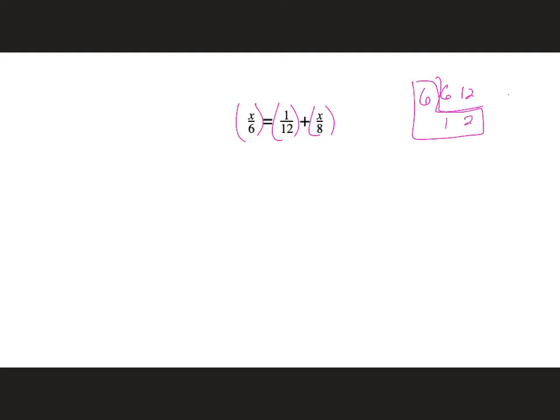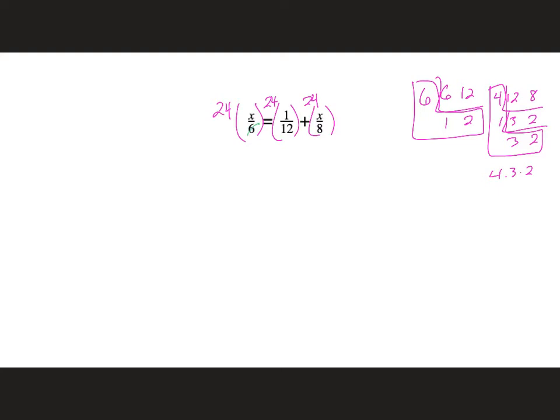Okay, and then I get 12 with an 8. Take out a 4, so that'd be 3 and 2. 3 and 2, that's 1, and I'm done. So 4 times 3 times 2, which brings me to 24. So I'm multiplying each part by 24.